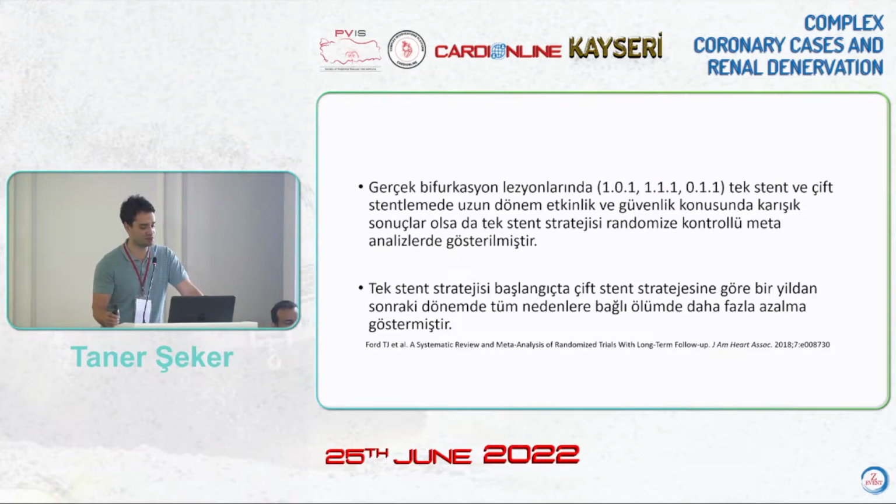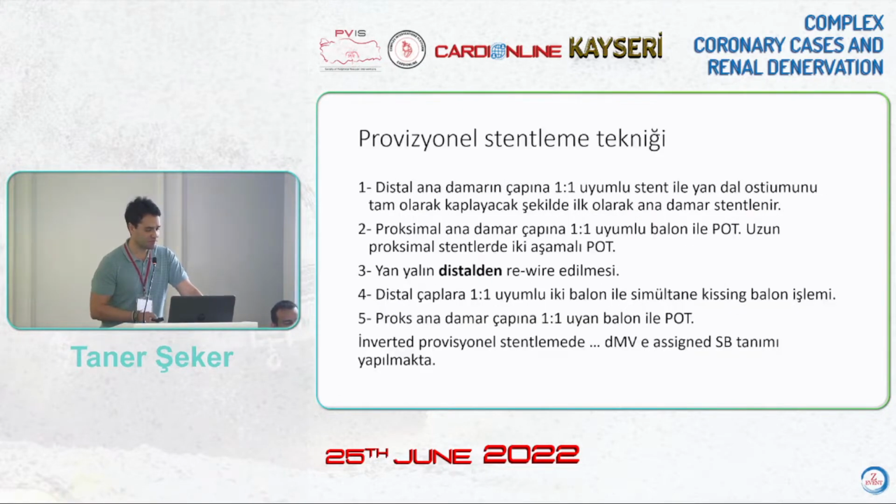The single stent strategy seems to be more efficient and safe in the long-term randomized controlled studies, especially at 1 year follow-up. The single stent strategy seems to have less mortality compared to the double stent one.